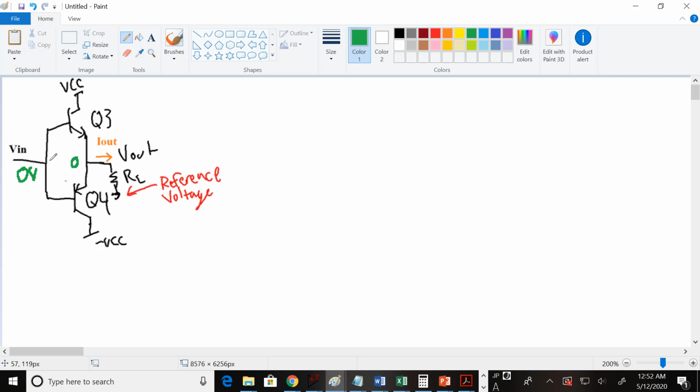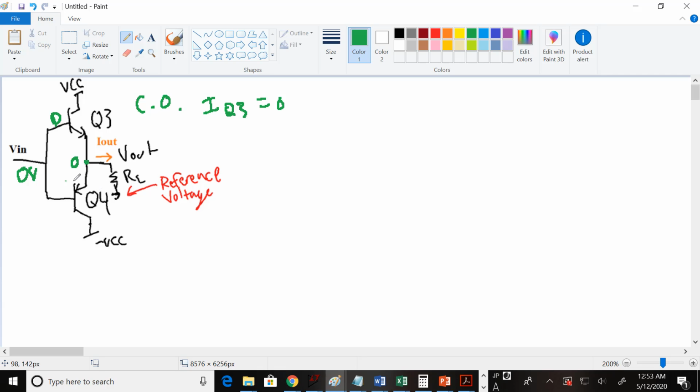The first thing you want to do is find the region of operation. The base is 0 volts here, because Vin is 0. And the emitter is 0 volts, because our first assumption is that this node is at 0. So our VB is 0, and this is in cutoff. So when you ask how much current's going through Q3, it's 0. So I Q3 when Vin equals 0 is 0.